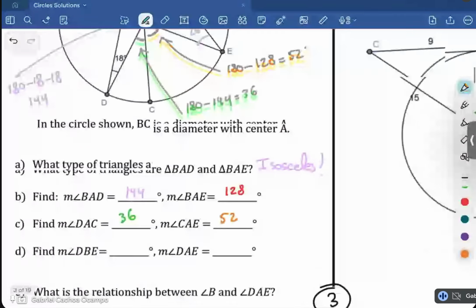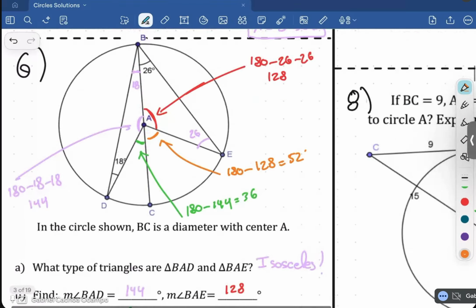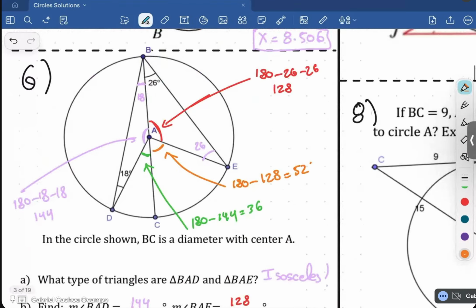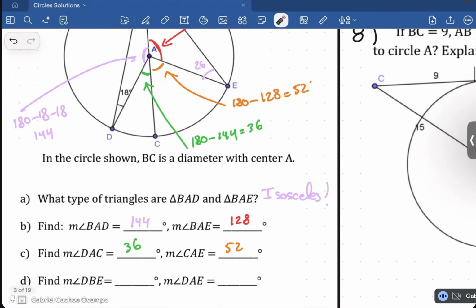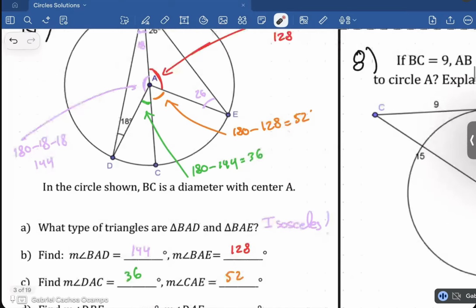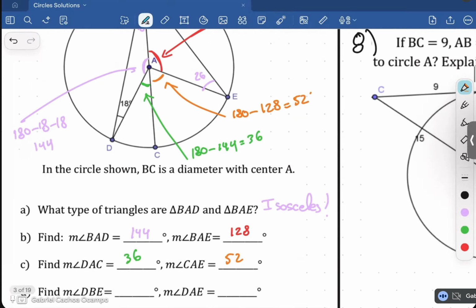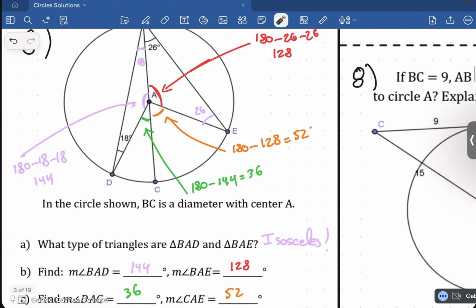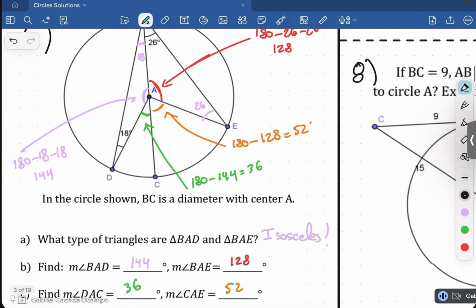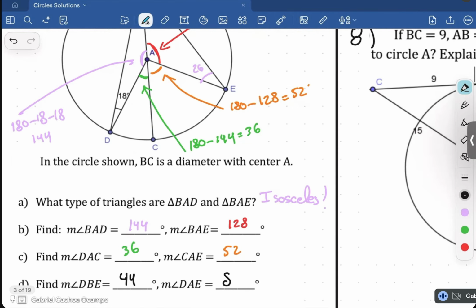Okay, and now to find angle DBE, I just need to add up these two angles. So DBE is just 26 plus 18, which I have a feeling it is 44. And now to find angle DAE, I just need to add 36 plus 52, which is 88.